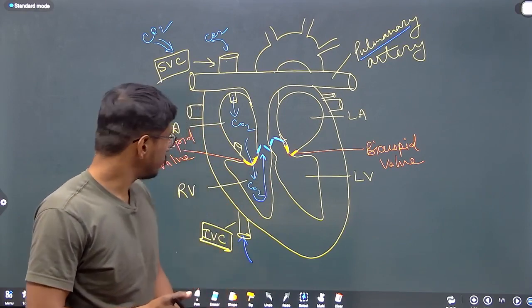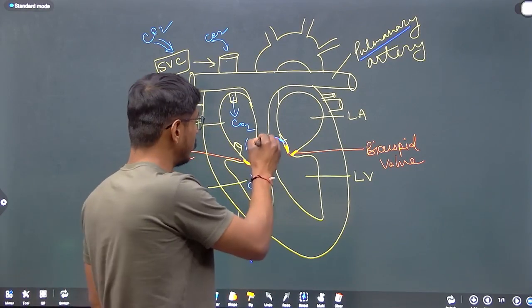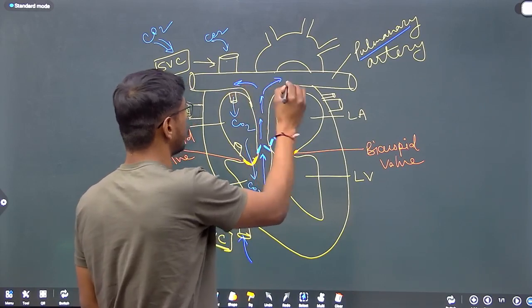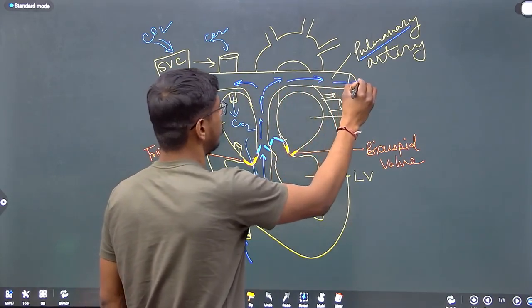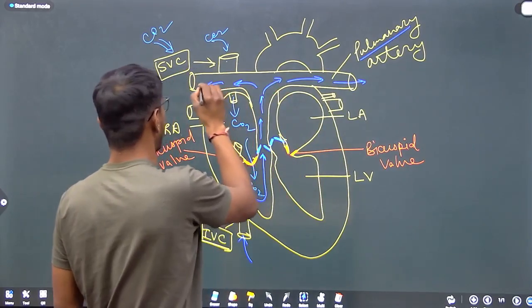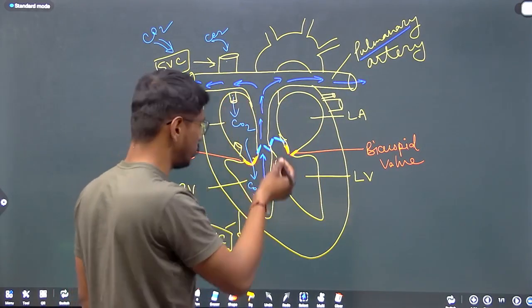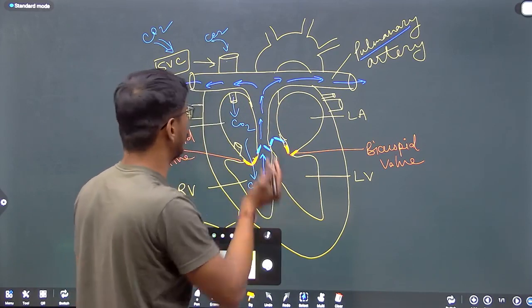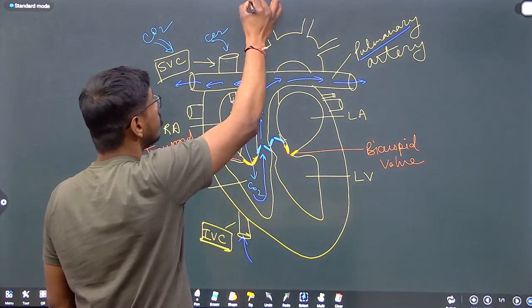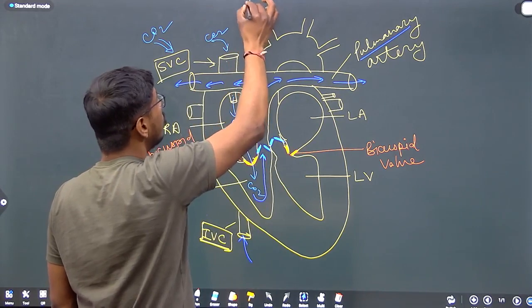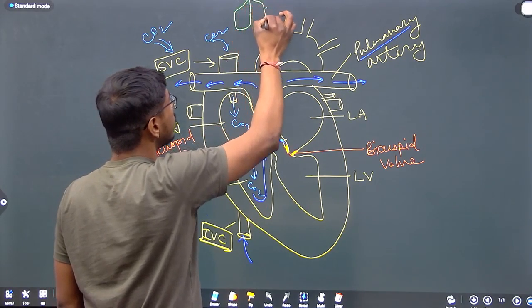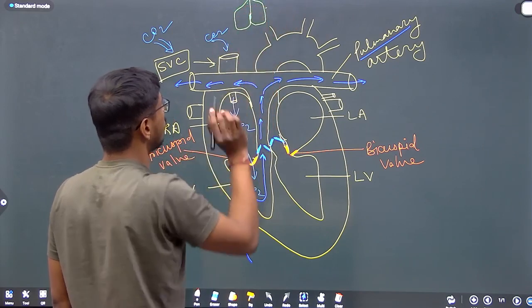So this blood will go to the pulmonary artery, and it will go in both directions because we have two lungs. Let me draw the structure of the lungs in a very minute detail. So we have two lungs.